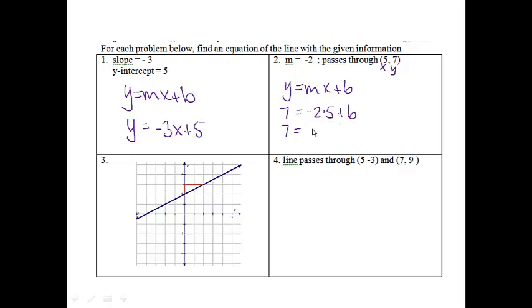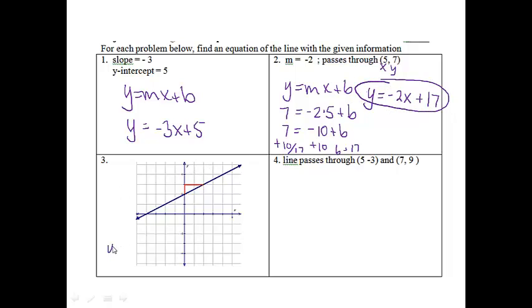So I get 7 equals -2 times 5 is -10, plus b. Now to get b by itself, to get rid of -10, I'll do plus 10 to both sides, and that will give me 17. So my b is going to equal 17. So when I go to write my line, I'm going to have y equals m, which was -2x, plus b was 17. So that will be my answer for that one.